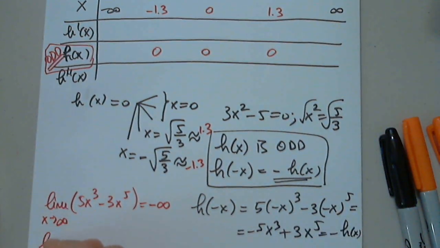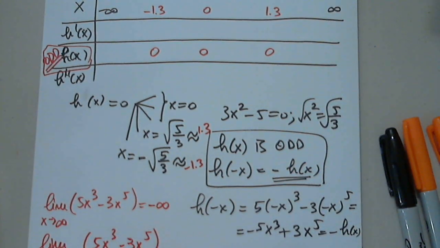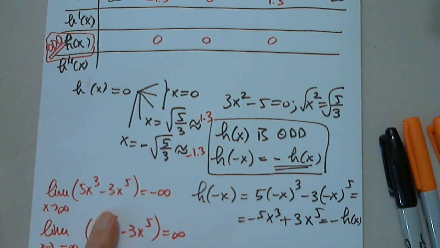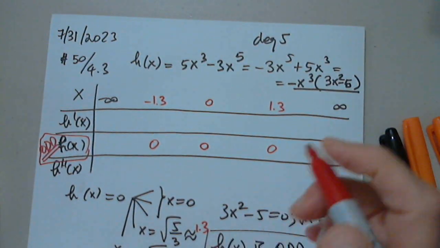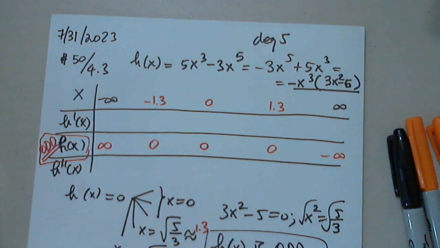And the other one, the limit as x approaches negative infinity of 5x cubed minus 3x to the fifth. When I plug it in, this is positive, because the other term is too small at infinities. So then I have at positive infinity, negative infinity, and at negative infinity, infinity.